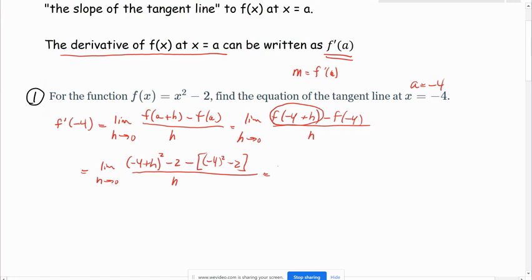If we simplify up on top, we have h squared minus 8h plus 16. That's if you multiply this out. Remember, to do that, we're doing h minus 4 times h minus 4. So that's how I got h squared minus 8h plus 16. Then minus 2, and then we have minus 16 minus 2.